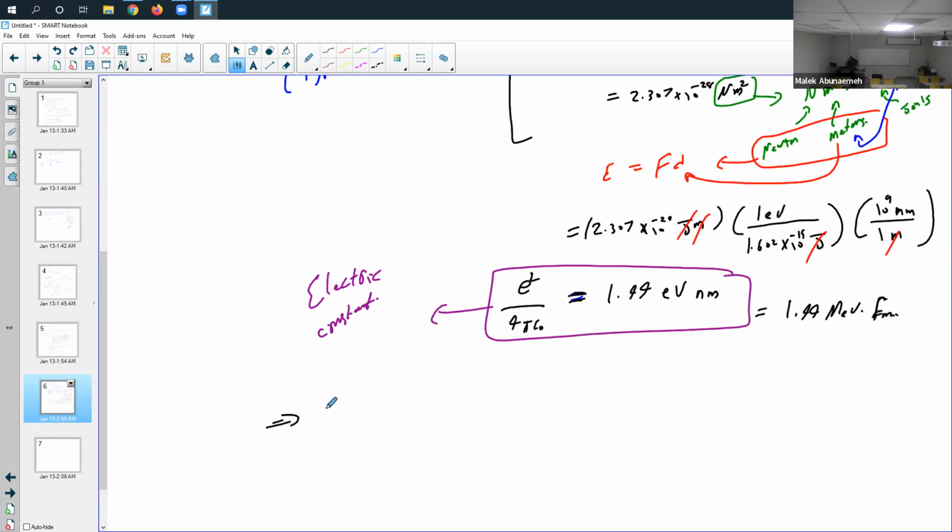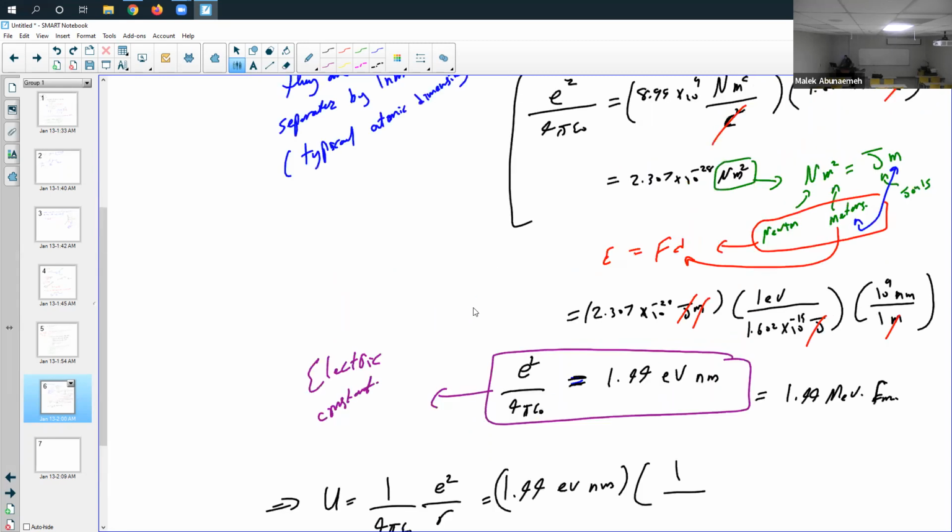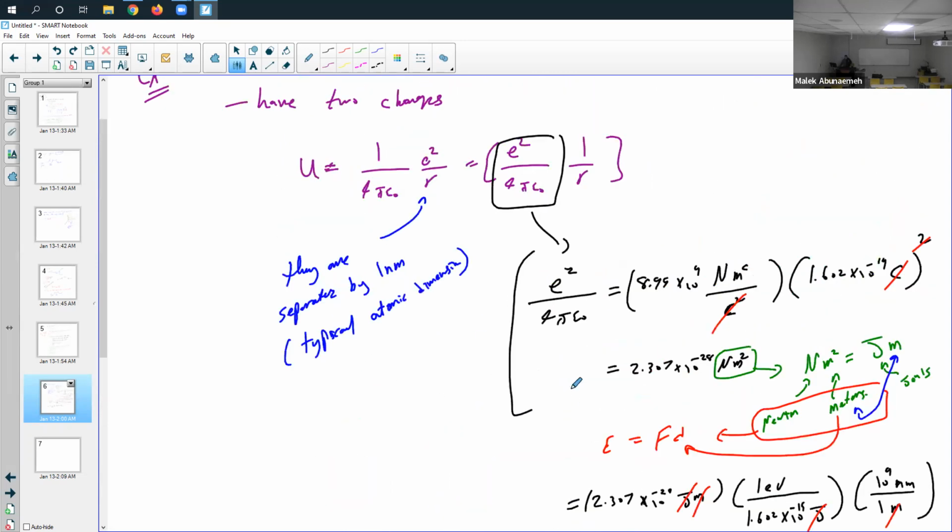So that means your potential energy, which is 1 over 4 pi epsilon naught times e squared over r, is going to equal, since we said e squared over 4 pi epsilon naught is 1.44 electron volt nanometers, that multiplied by 1 over r, where we define r as a separation of 1 nanometer.